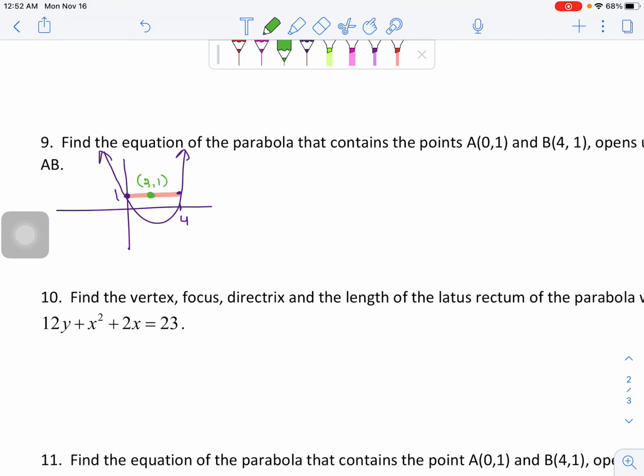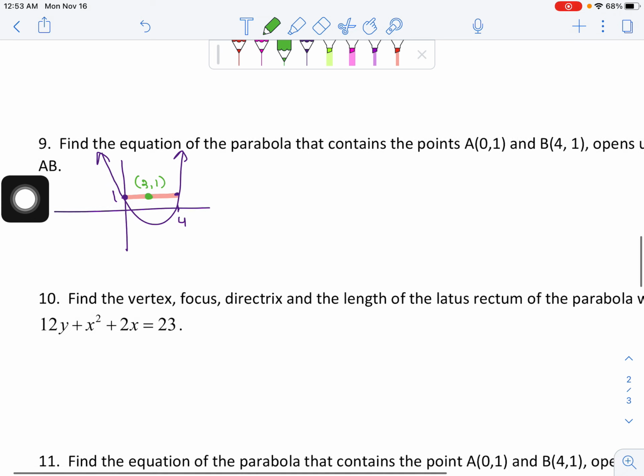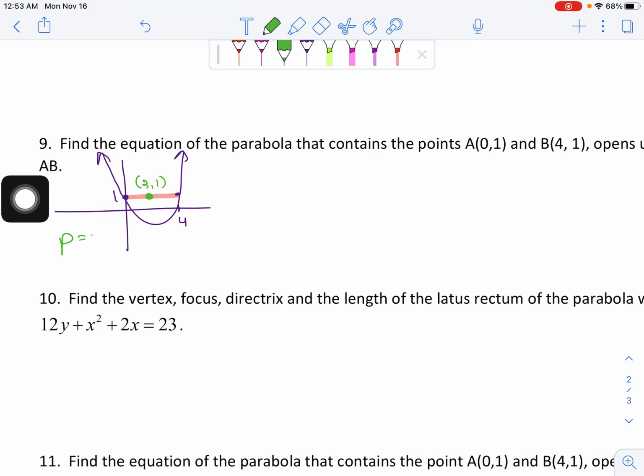Halfway between those. Now what I want to figure out is how far is it from this focus point to this edge? Or actually what I could do is this whole distance is 4 units. So if the latus rectum is 4 units long, that tells me my focal distance is just 1.